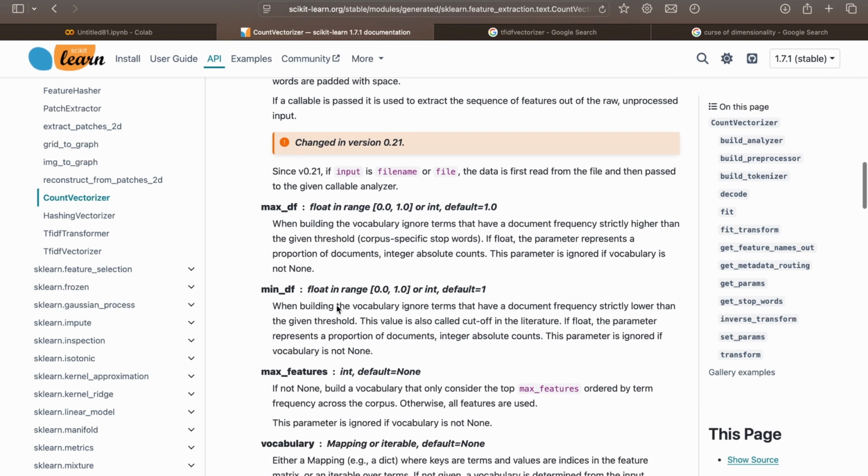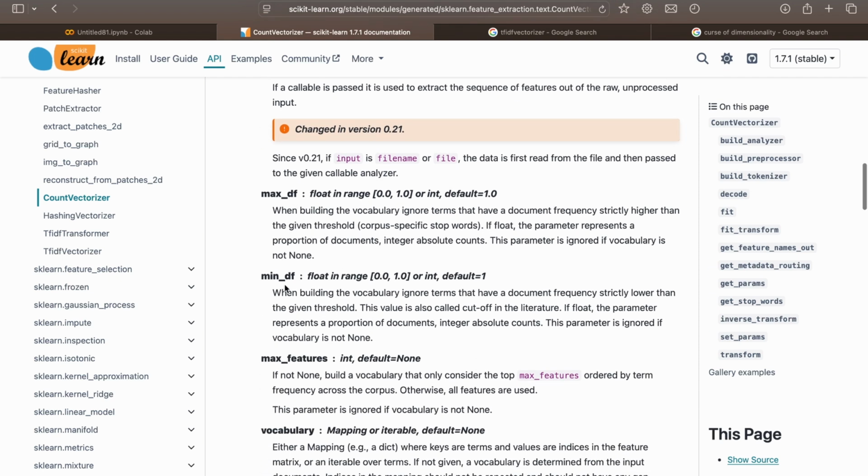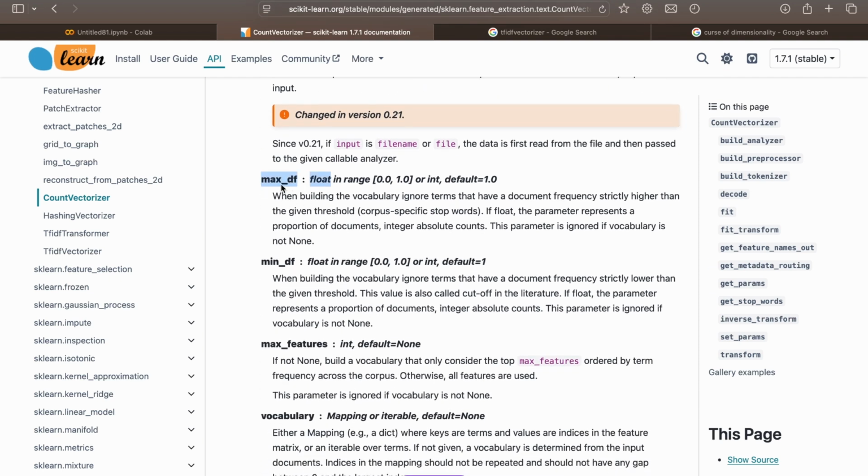And then let's look into max_df and min_df. Max_df is maximum document frequency. So when building the vocabulary, ignore the terms that have a document frequency strictly higher than the given threshold. Okay. So while creating the vocabulary, it counts the frequency for each word, each token.